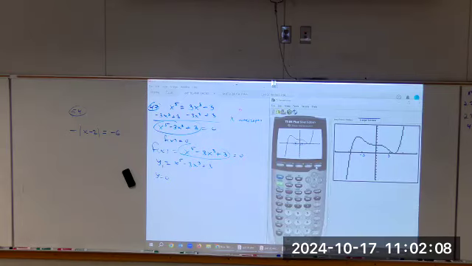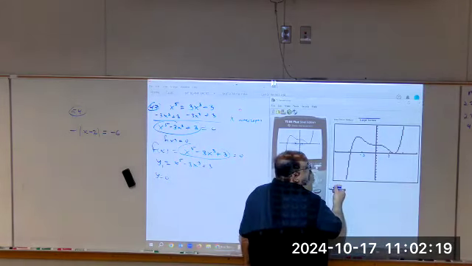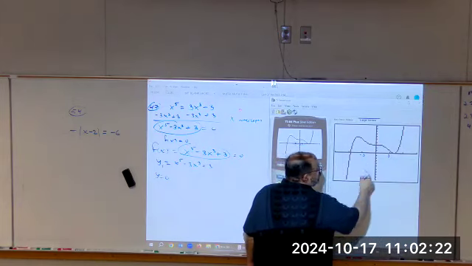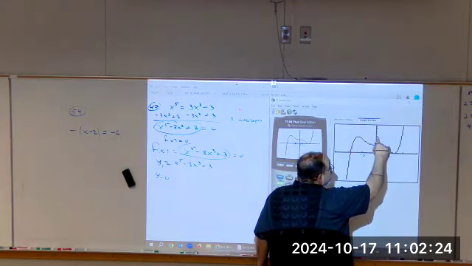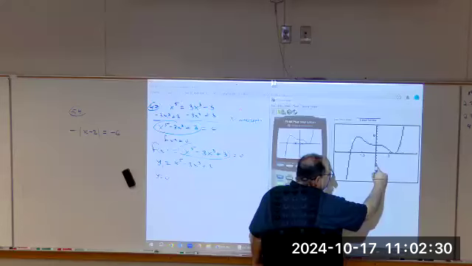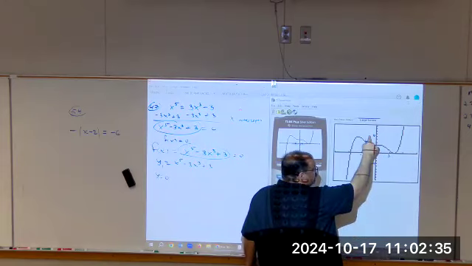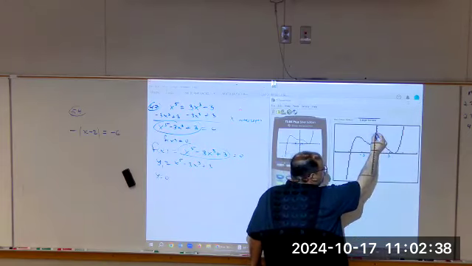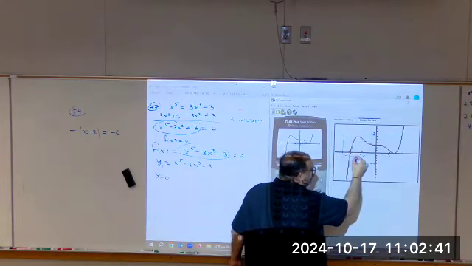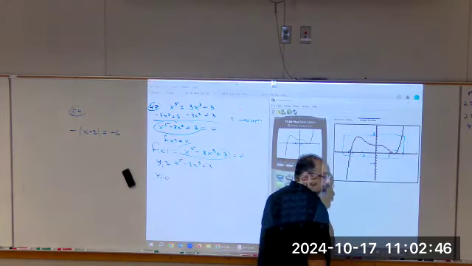All I care about is where it crosses the x-axis. I'm going to do one more tiny thing. If all I care about is where it crosses the x-axis, I'm going to narrow the y value. 1, 2, 3, 4, 5, 6. So that's a 6. And all I care about is, let's see, 1, 2, 3, 4. So negative 4. I'm going to change the window for the y negative 4 to 6. Now make it. Because all I really want to do is get that picture so I can figure out what these numbers are.